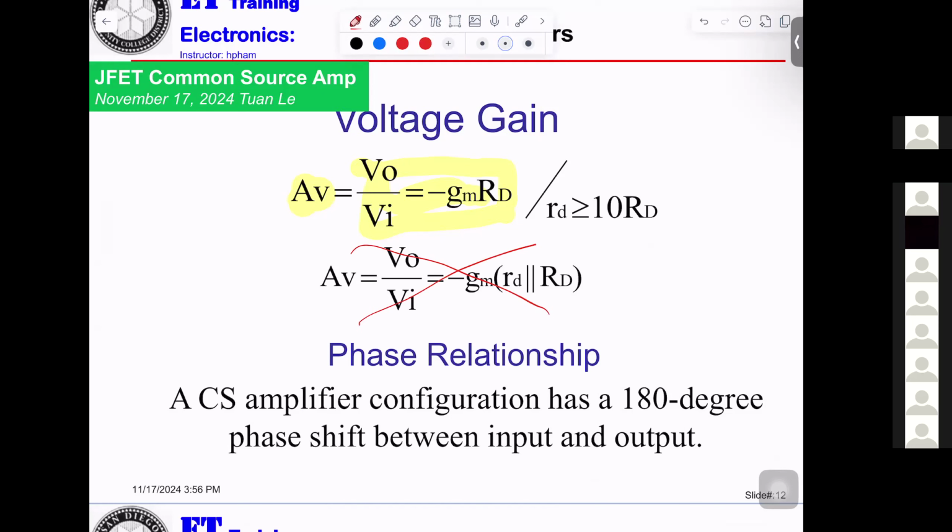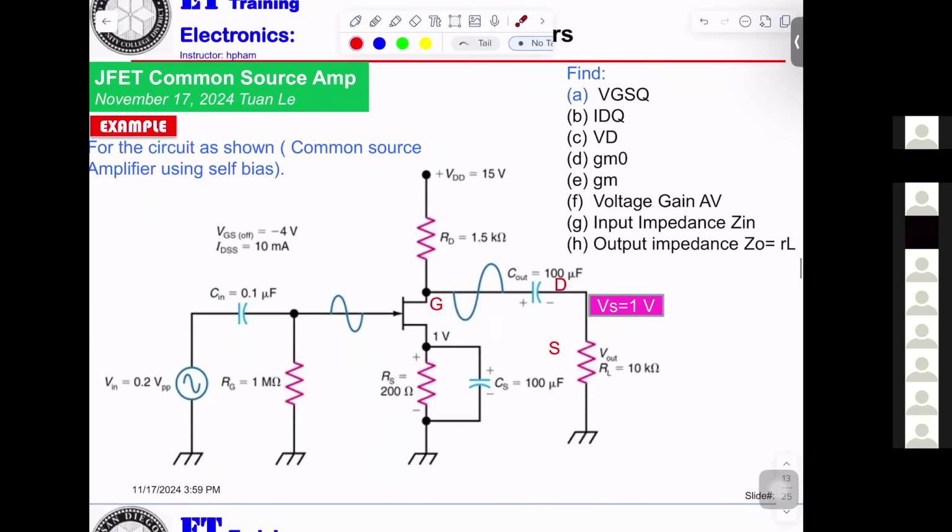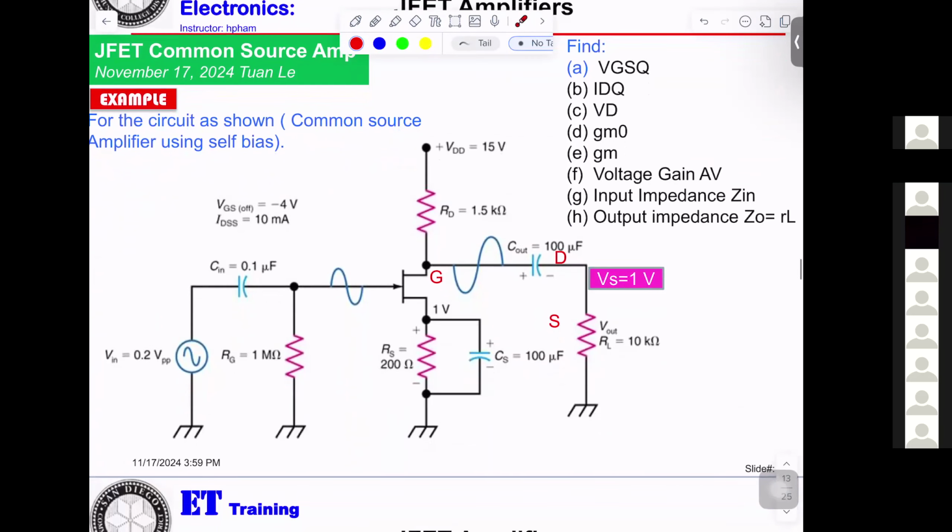Common source amplifier configuration has a 180 degree phase shift between input and output. This is just a calculation.